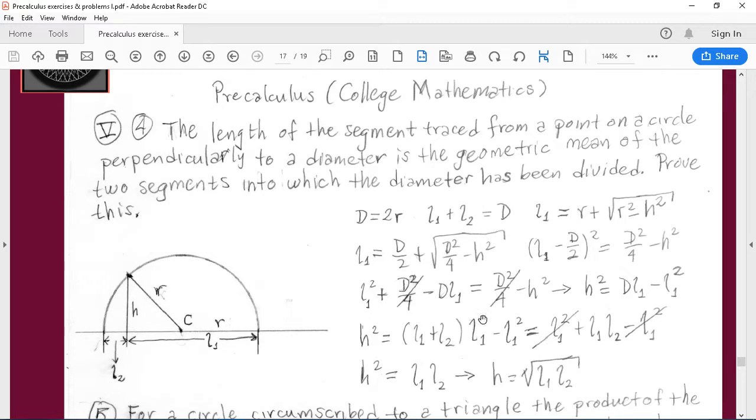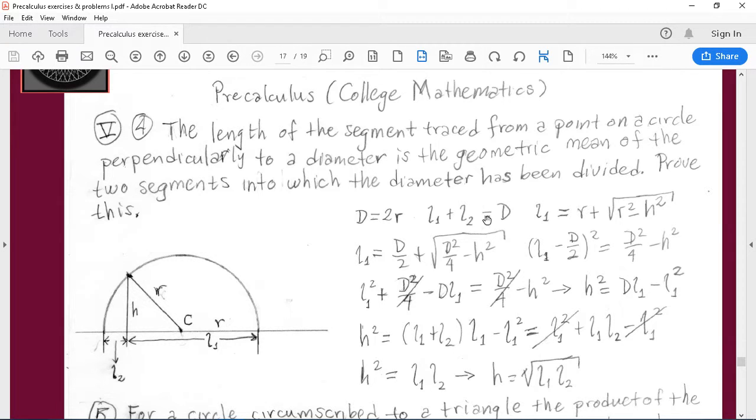Canceling these two terms, we have that L1 squared minus d L1 equals minus h squared, and then that h squared equals d L1 minus L1 squared.